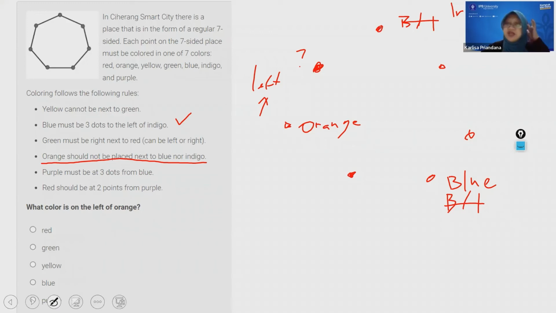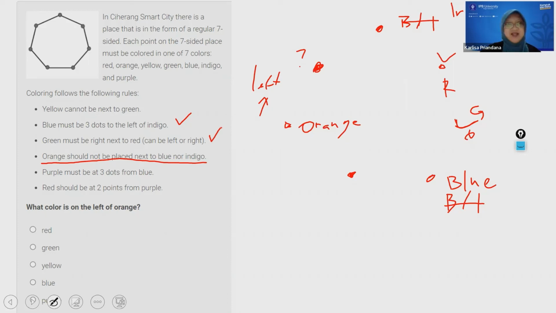So we only have 2 dots over here that can be next to each other, which is this and this one. This will be green and red, or red and green, whatever. We cannot put red and green on the left or right of orange, because it's only 1 dot left over there.